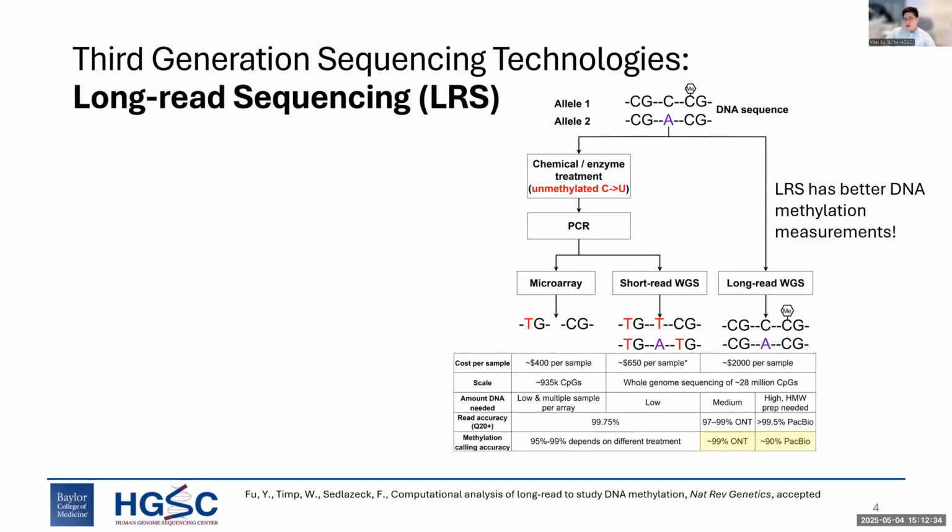There are three ways to sequence DNA methylation in the human genome: microarray, short-read whole genome sequencing, and long-read whole genome sequencing.